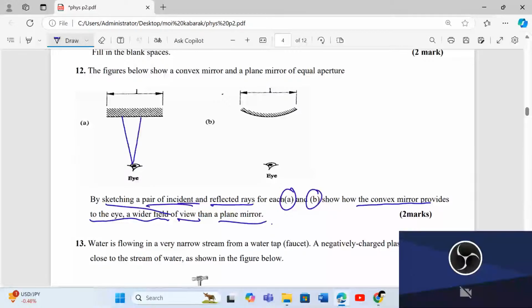And now these are the ones that will converge so that you can get an image. Then from the law of reflection, the incident angle will be equal to the reflected angle. Then from this, I can now draw my incident rays.